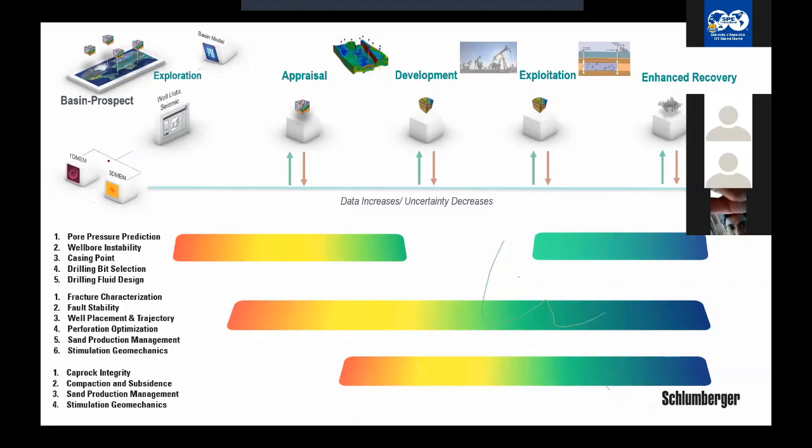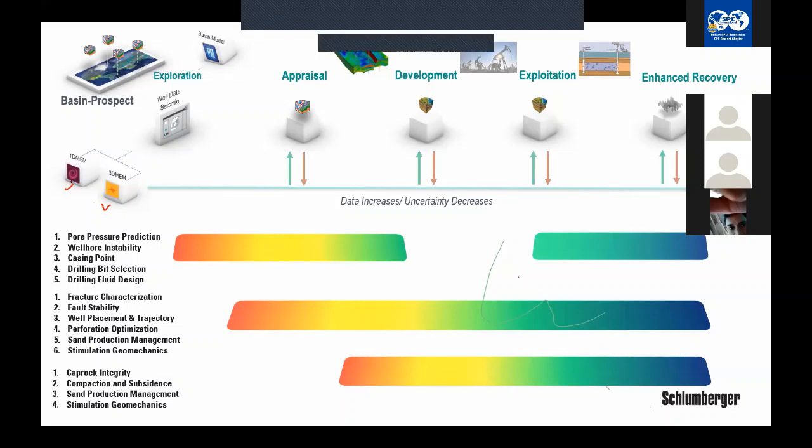Now, in Schlumberger, we have excellent platforms. The first platform is Techlog. This symbol over here is for Techlog. The second platform is Petrel. The Techlog platform is mainly for wellbore modeling.